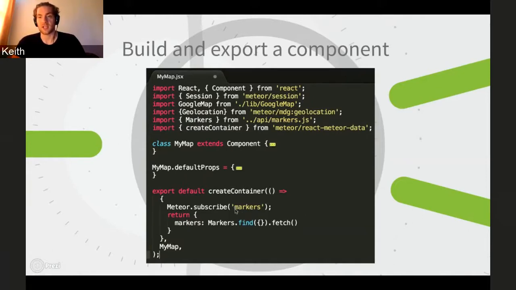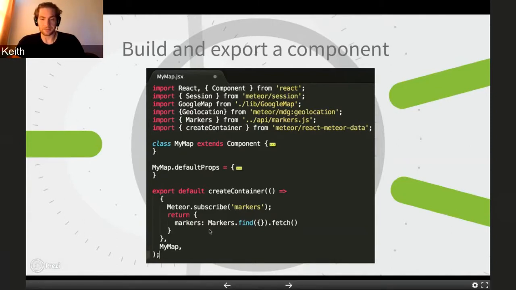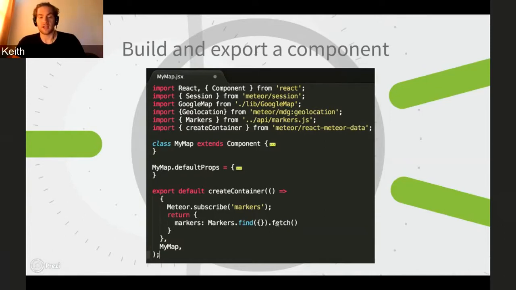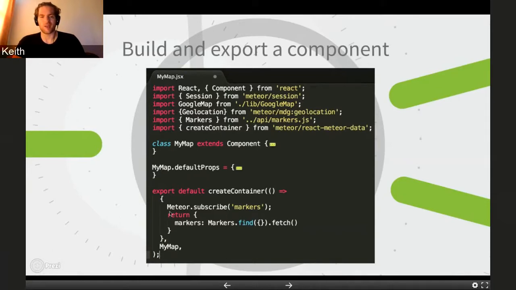It's basically just saying, hey, I'm going to have a Mongo object called markers, and whenever that updates, update this. And then inside of this first part, you return what you want the props passed into your component to be. And then here you pass in the component. So now what you've exported is actually a component that's been linked to your data.